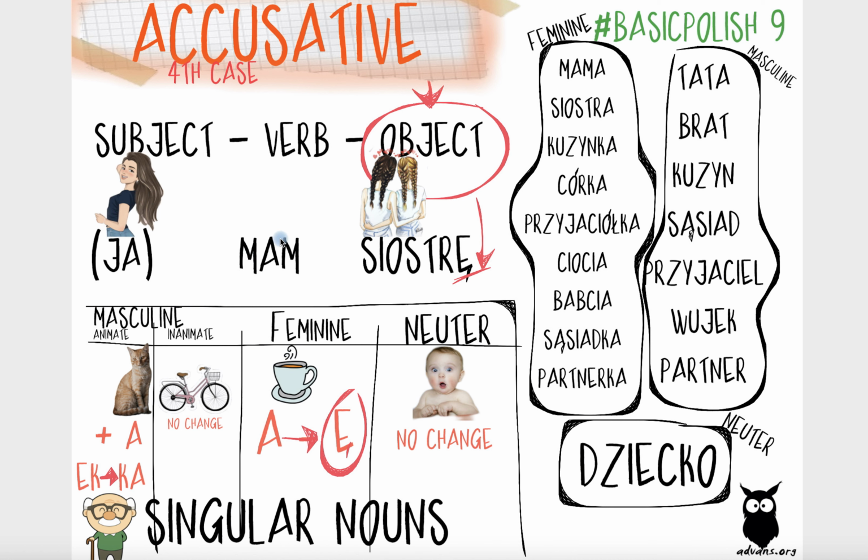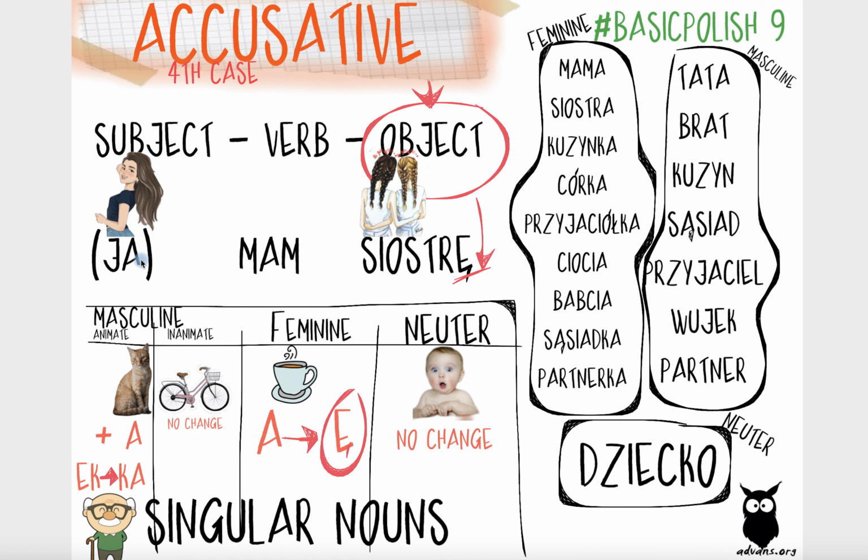Mam. I have. Because mam ends with the letter m, it suggests the first person singular. Ja, so I don't have to say ja, but I can, right? And siostra here is the word for a sister. So I'm saying here, I have a sister, or I've got a sister, okay?